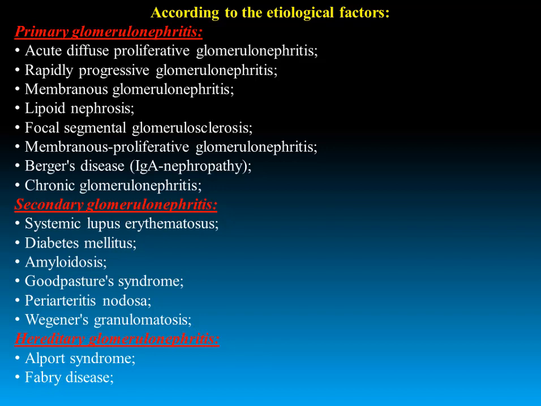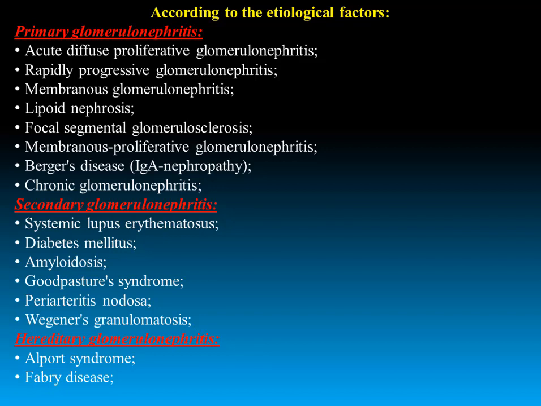Secondary glomerulonephritis usually develops on the background of some other disease, mostly systemic diseases of connective tissue. Secondary glomerulonephritis can develop in systemic lupus erythematosus, in systemic vasculitis such as Goodpasture's syndrome, periarteritis nodosa, Wegener's granulomatosis, and some others.